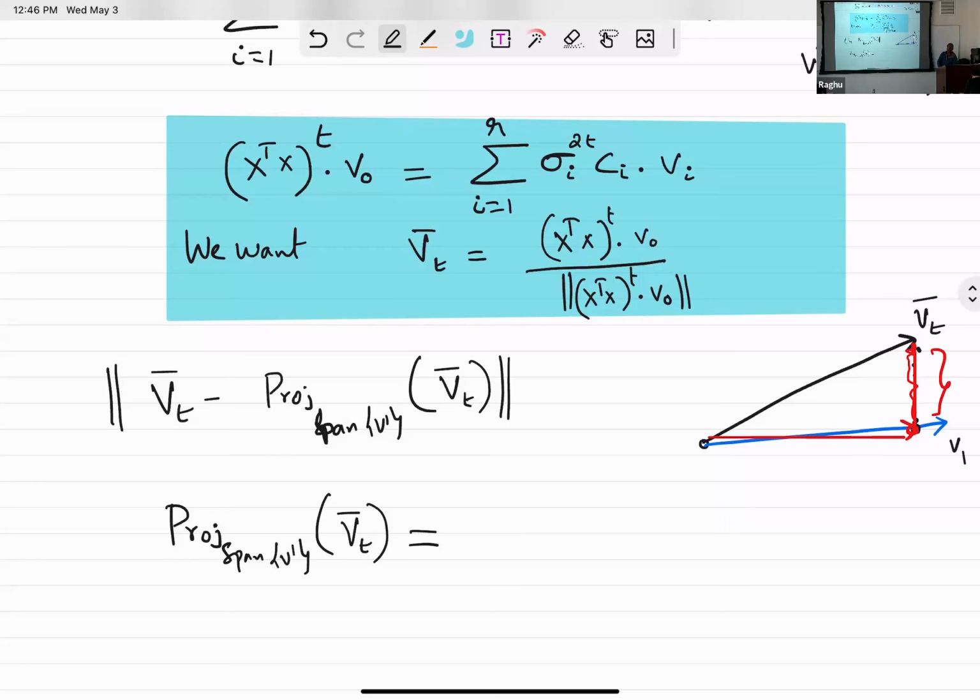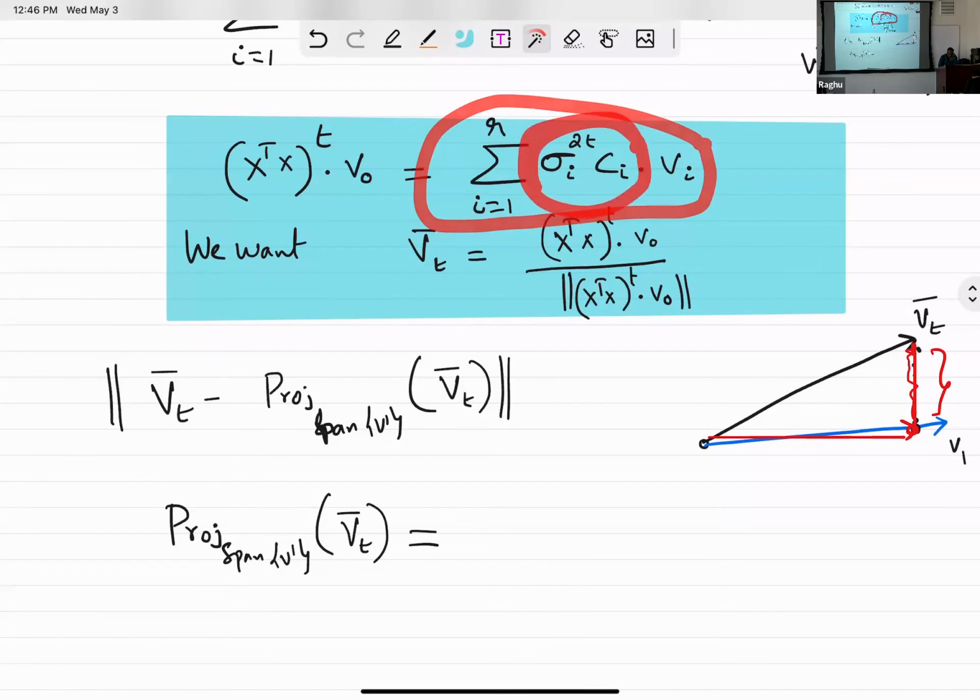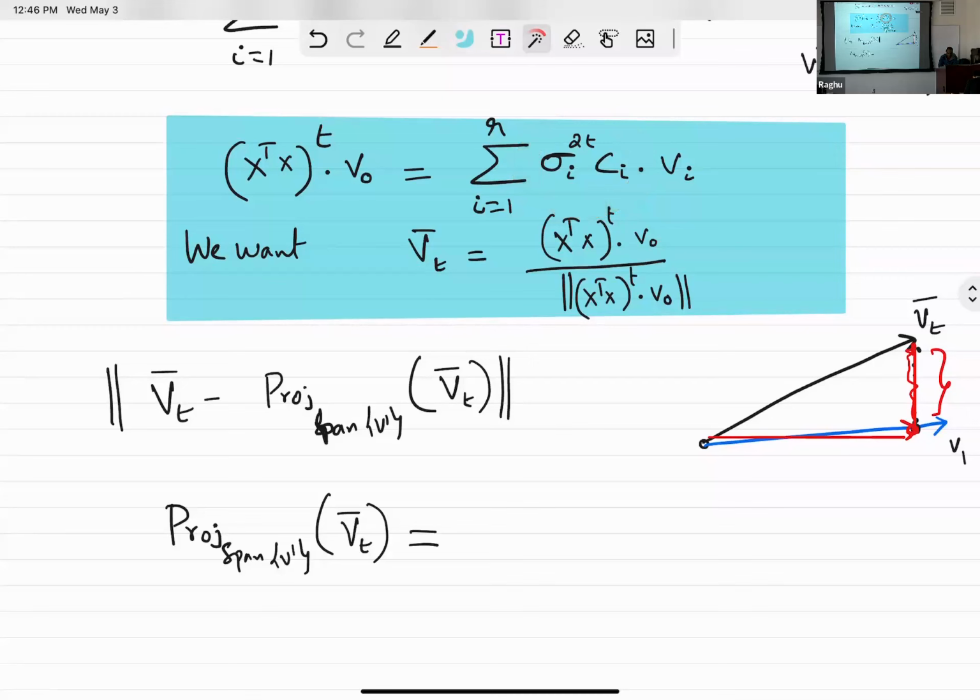Any guesses? Well, it's kind of written here, right? We are writing it in terms of the orthonormal basis. So the first coefficient will exactly tell you what's the dot product, because everything else is 0. Right? So V2, V3, and so on, they're all perpendicular to V1. So just looking at that should be enough for us.